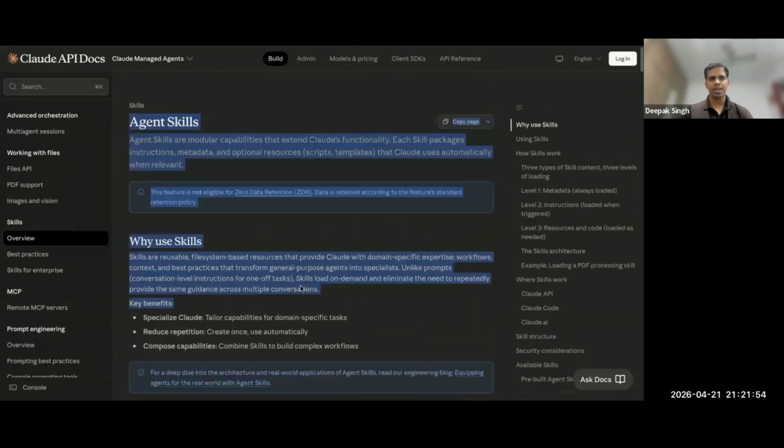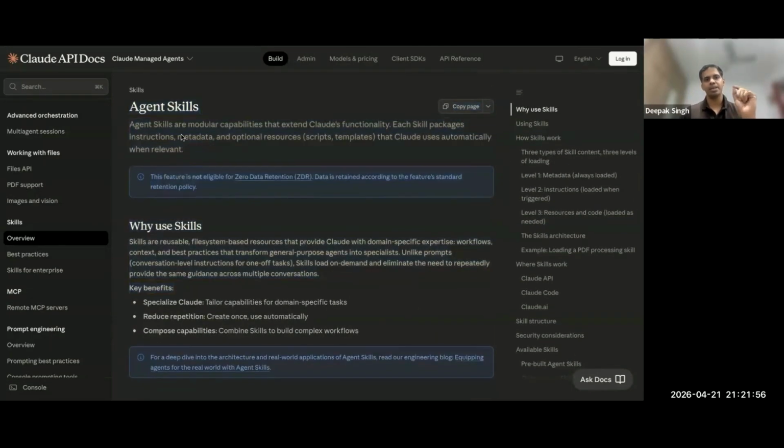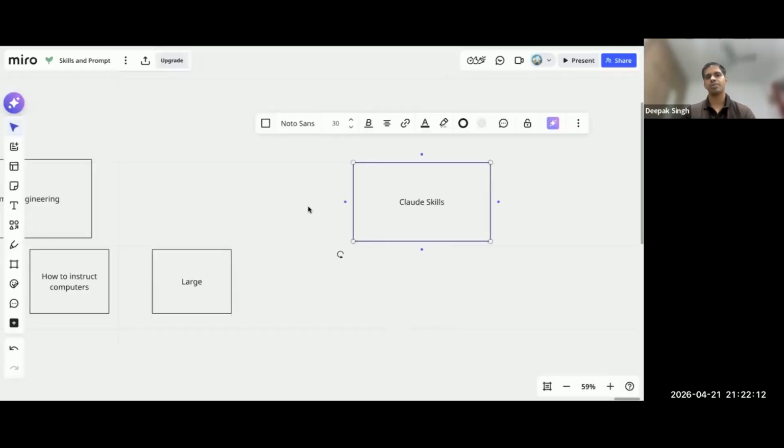Now, one of the things that you'll realize is the way they define skills: agent skills are modular capabilities that extend Claude's functionality, right? And this definition, modular capability, primarily comes from the system prompt or the prompt.